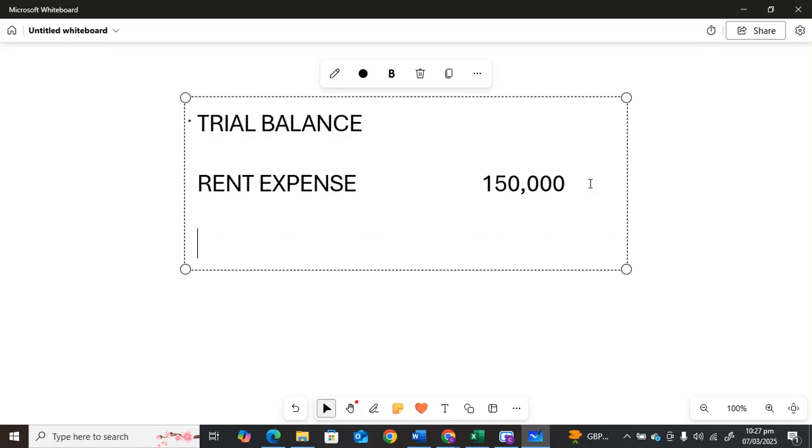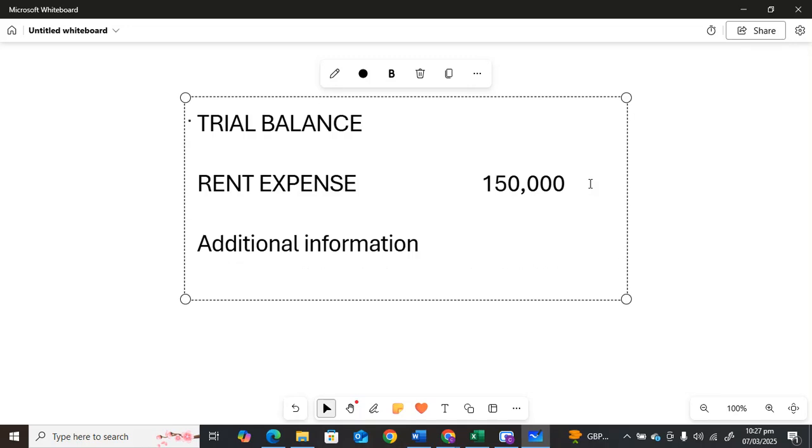On additional information, there was a prepayment of 10,000 kwacha.